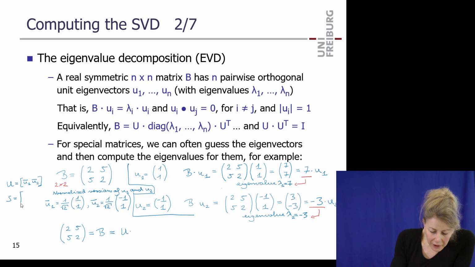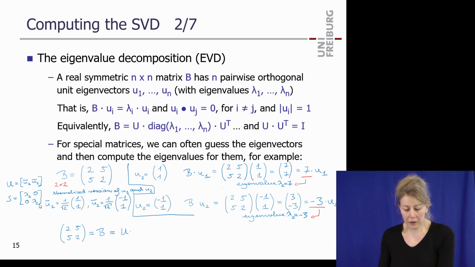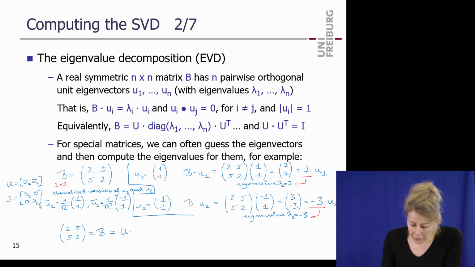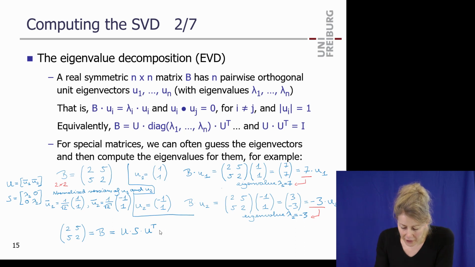So now I have a diagonal matrix with lambda 1, 0, 0, lambda 2, and then the transpose of it. So it's U times S times U transpose. The difference to the singular value decomposition is that the matrix on the right and on the left is the same.